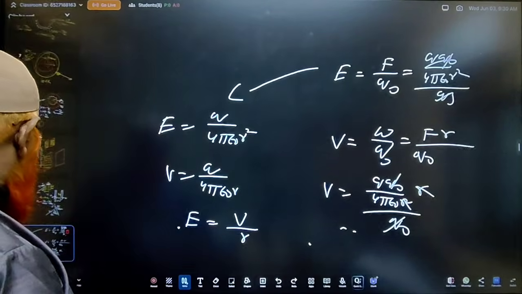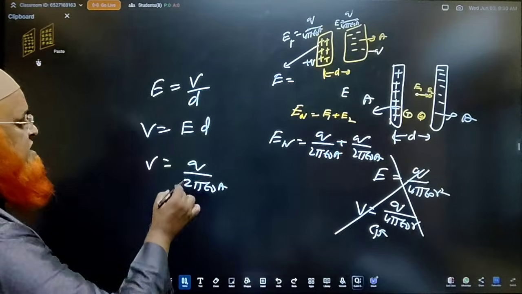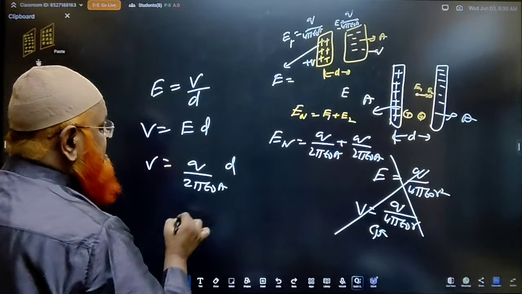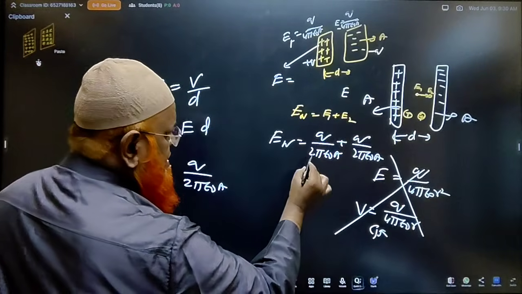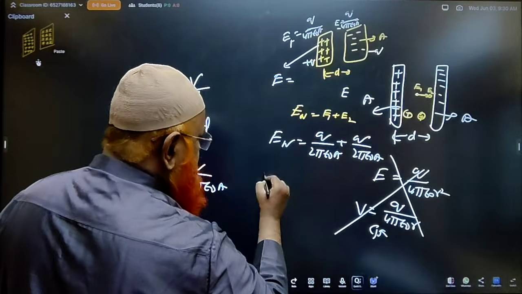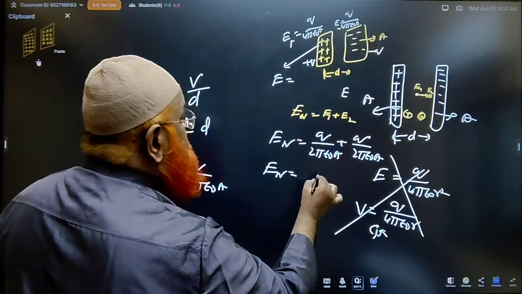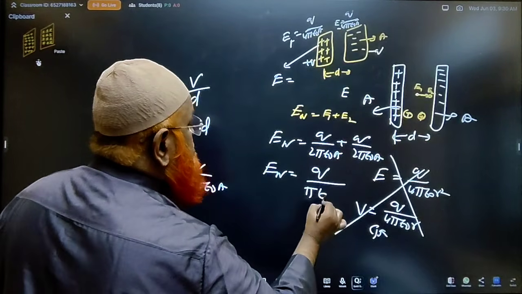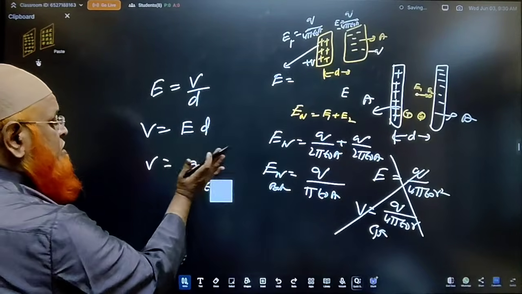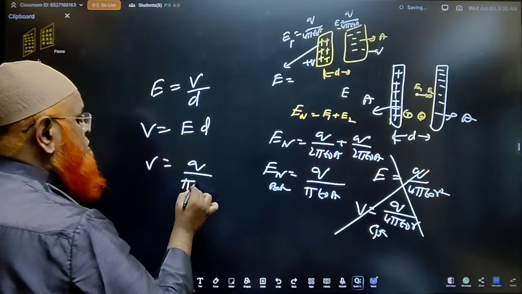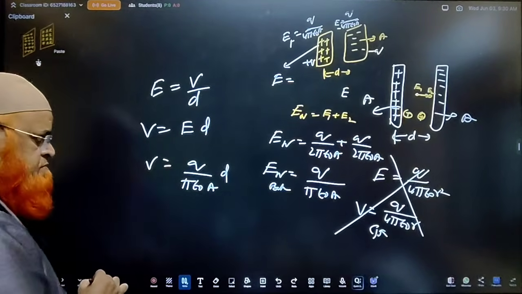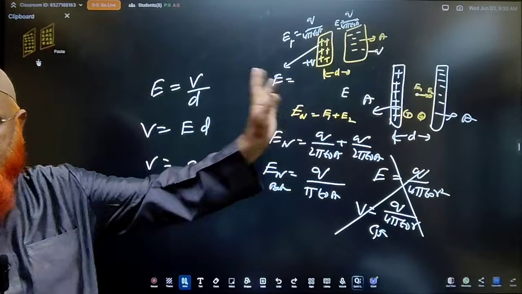Am I right or not? See. So now V is equal to Q by epsilon naught into A, into D here. Okay, so here it is not 4 but 2, one for each plate. So E net, adding half and half, becomes Q by epsilon naught into A for both the plates; this is the formula. So now the formula for V is Q by epsilon naught into A into D. This is the potential because of the capacitor.